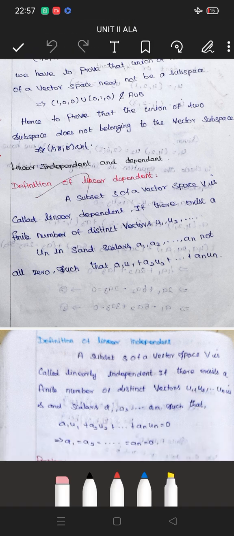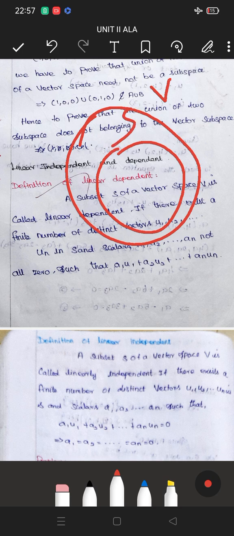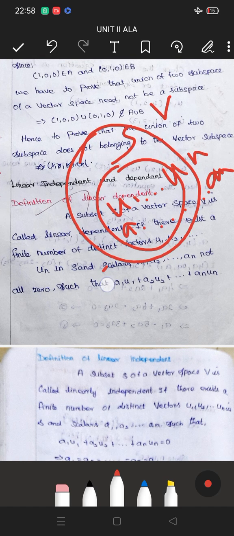This is the definition of linearly dependent.